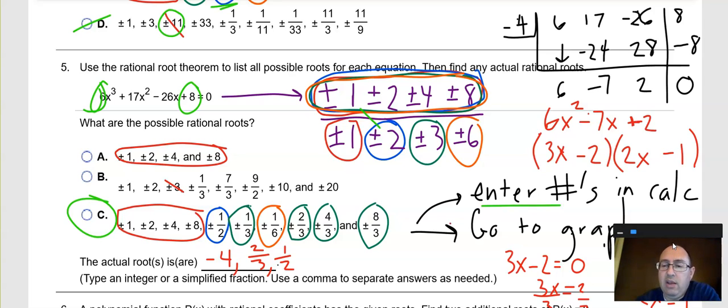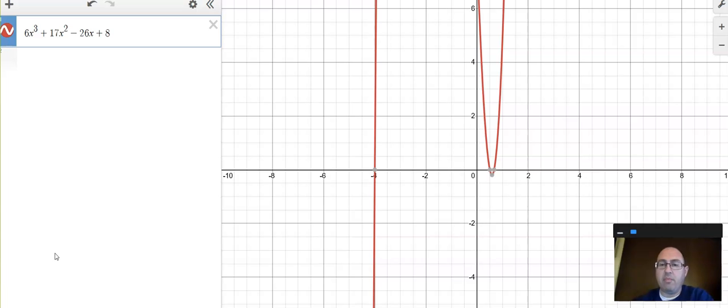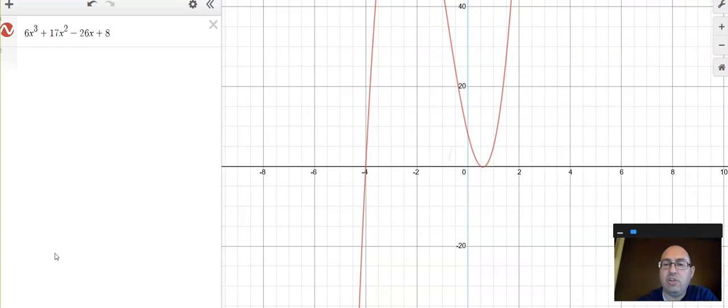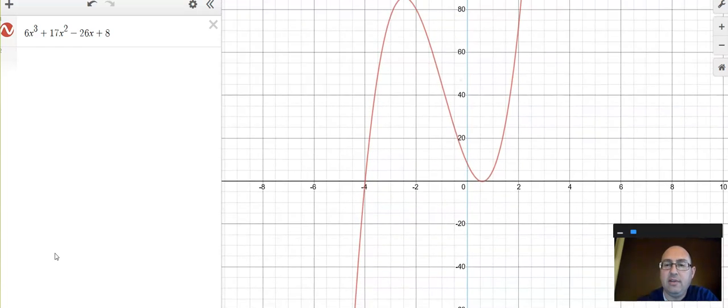Now, we can enter them into a calculator and see which ones give me 0, right? We can, this is the one I'm going to recommend, go to the graph. So I typed in my polynomial on desmos.com/calculator. And if you grab 2 points on the same axis, you can see how I'm changing just one axis.